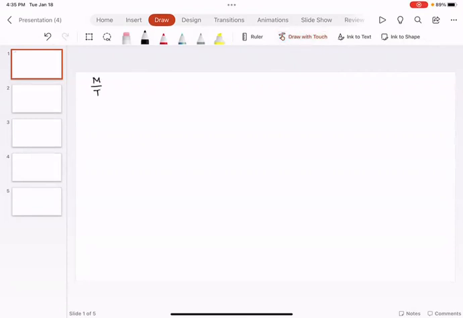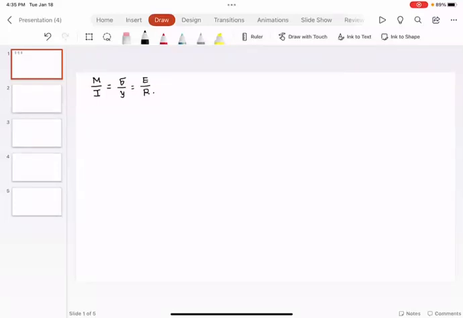M divided by I is equal to sigma divided by Y is equal to E divided by R, where M is the moment, I is the moment of inertia, sigma is the normal stress, Y is the distance from the neutral axis, E is the Young's modulus, and R is the radius of curvature.